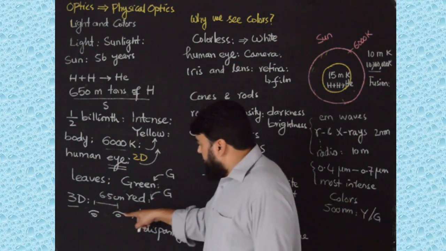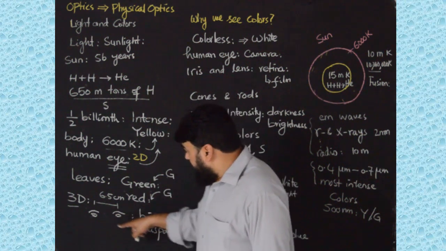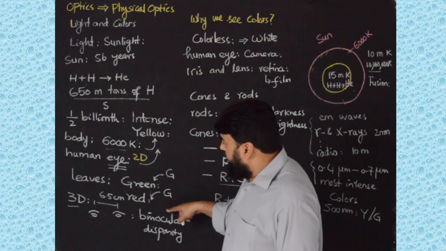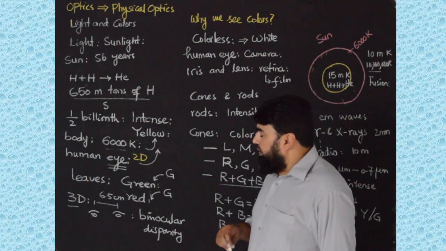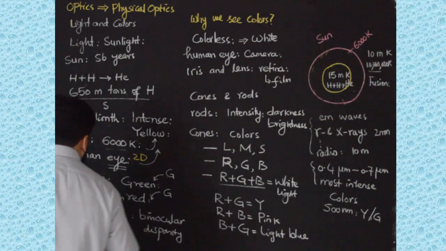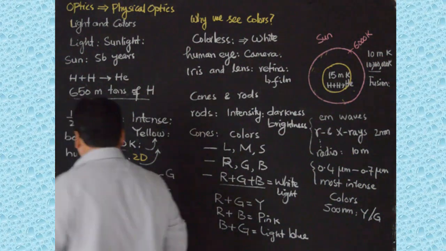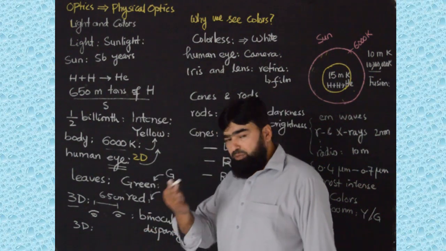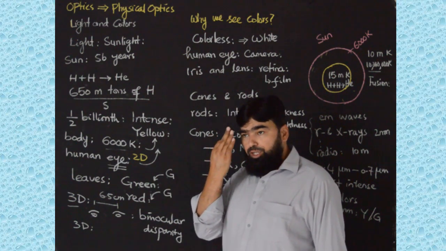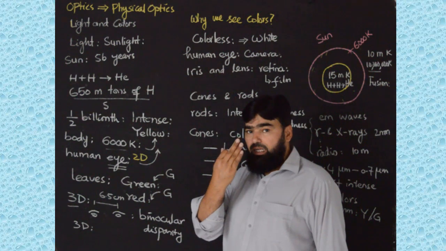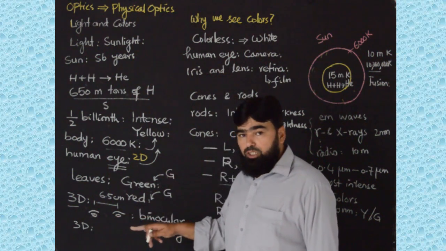Now, when the image goes to the brain, it is processed there, and this disparity creates the third dimension for the objects. The same principle is utilized in three-dimensional movies and the glasses that we wear. The glasses are designed, or the frames coming from the movie are designed, in such a way that at one time it gives input to one eye while the other is not seeing it, and at the next instant the other eye sees the things.